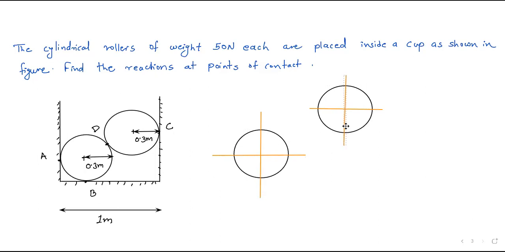Always draw horizontal and vertical first, so that you will get a judgment, you will get some idea how to calculate the angles and what we are going to do. Now the weight, I will show the weight of these both spheres. So I will show the weight over here like this. This is the weight.